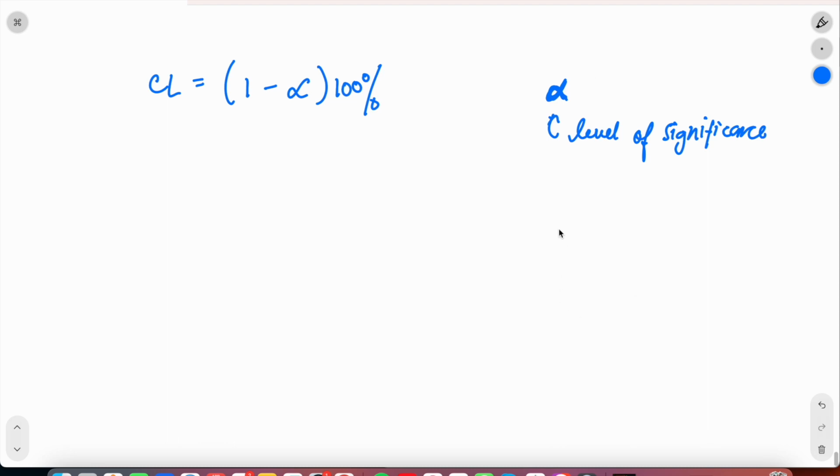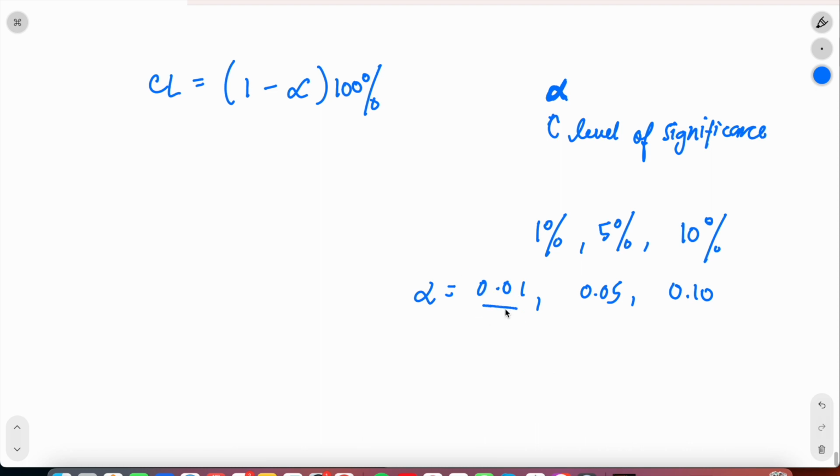The most common values for alpha are 1% and 5%. Sometimes more and more studies use 10%. So this is 0.01, 0.05. These alpha values are very common, especially these two.